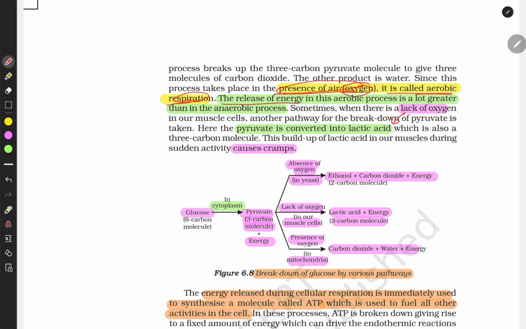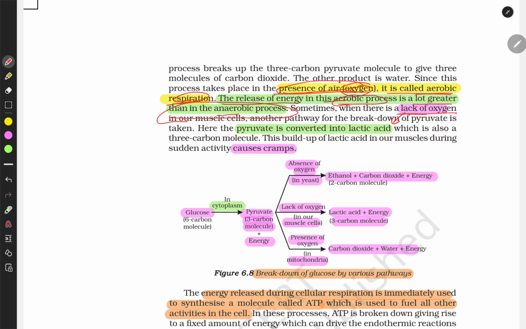The release of energy in the aerobic process is a lot greater than in the anaerobic process. So the aerobic process is more efficient because it produces more energy.